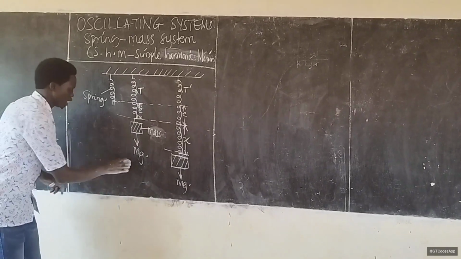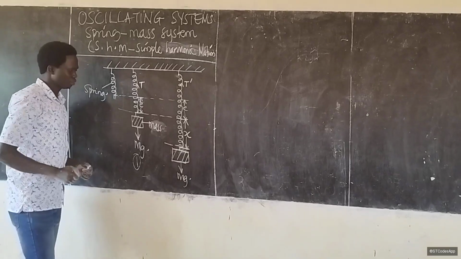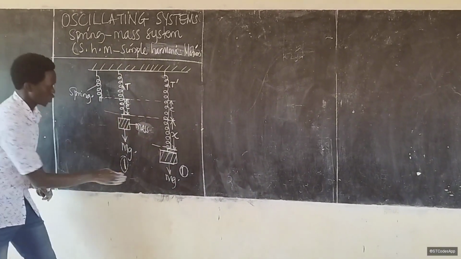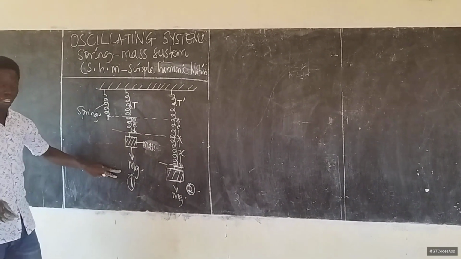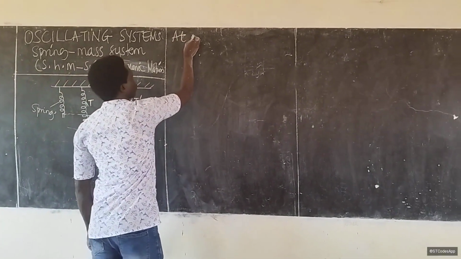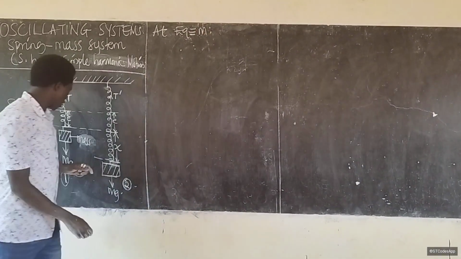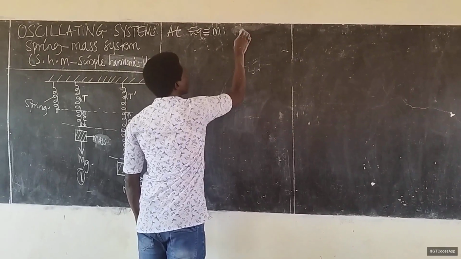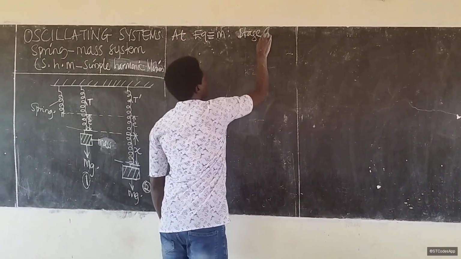So I am going to call this point 1. And then I will have this as point 2. So at point 1, at equilibrium, let me call it stage 1 of the spring.